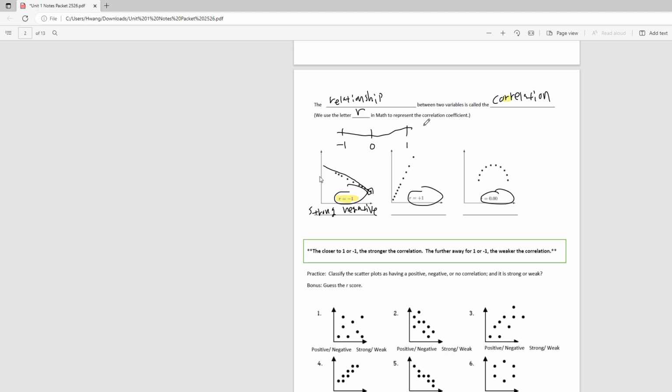As the R value is close to -1 or 1, it is a strong data. But if the data is close to 0 instead, it is a weak data.